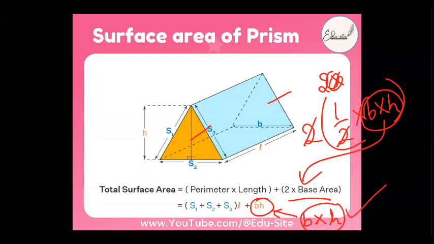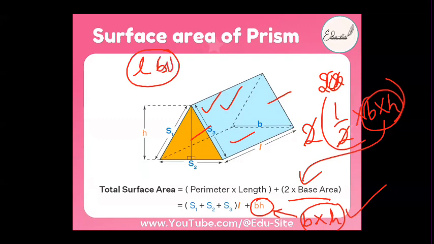Now what do we want? 1, 2, 3. How many rectangles do we have? 3 rectangles. How will you calculate for 3 rectangles? For one rectangle it is length into width.